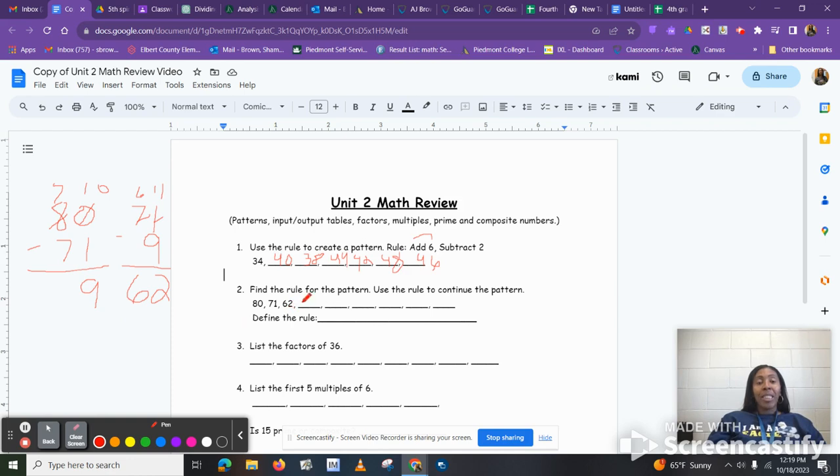So that means I need to do that to 62 to find my next number. If I do 62 minus 9, that's going to give me the next number in my pattern. So 2 minus 9 I can't do. I borrow from my 6. 6 becomes a 5.